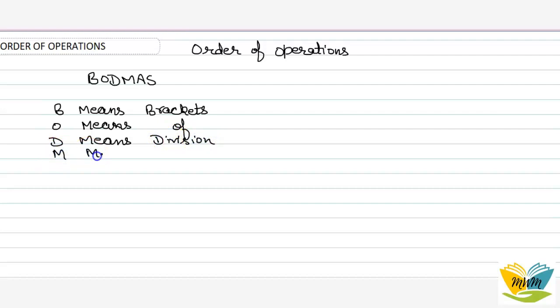M means multiplication. A means addition. And S means subtraction.